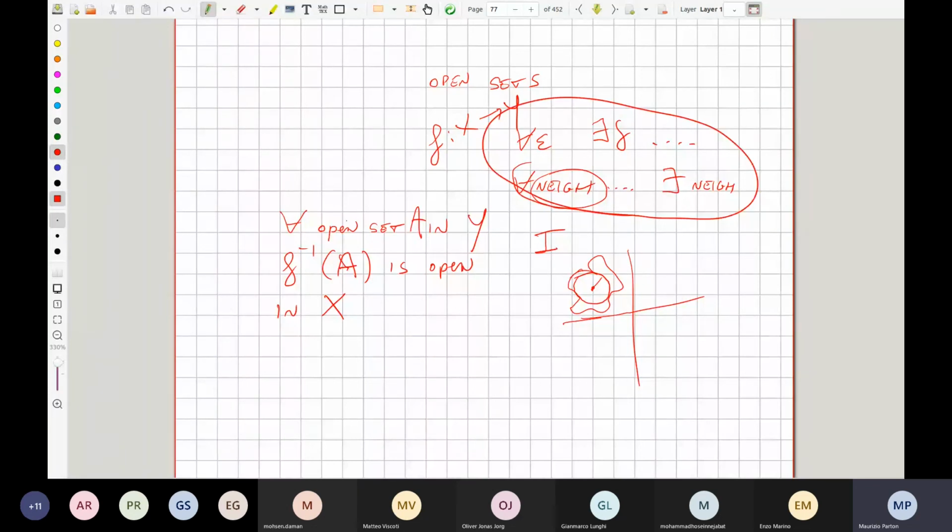But what I want to point out is that the important notion is the one of open sets.